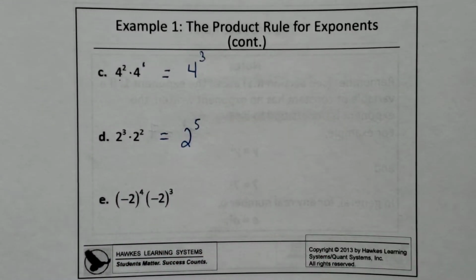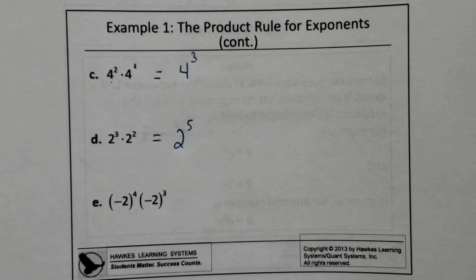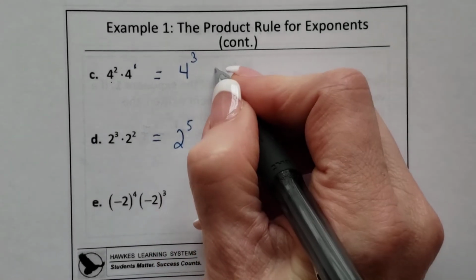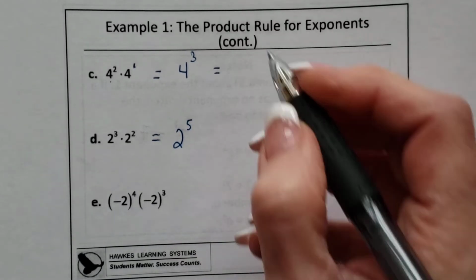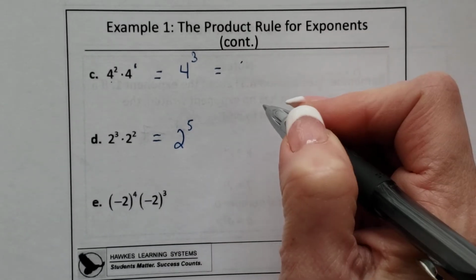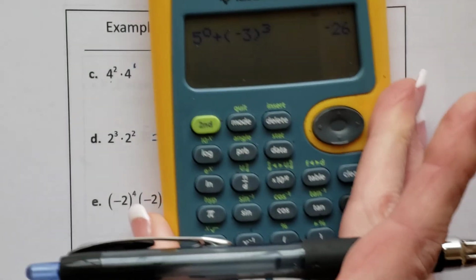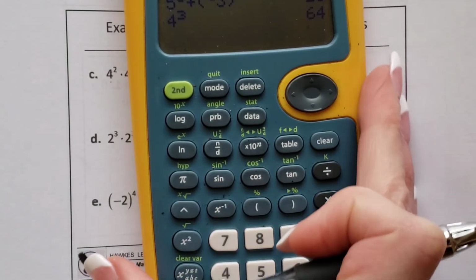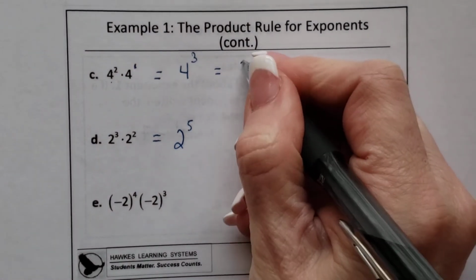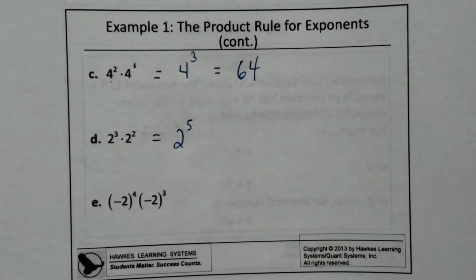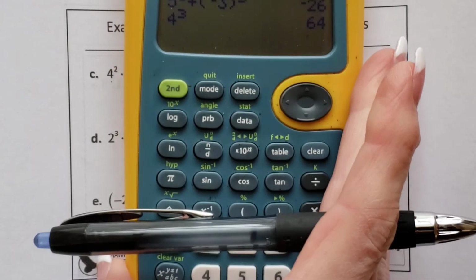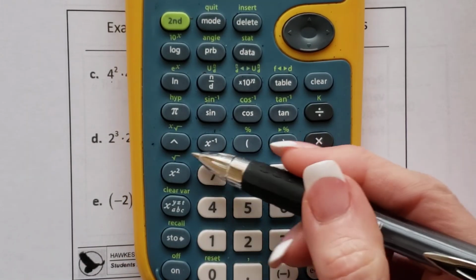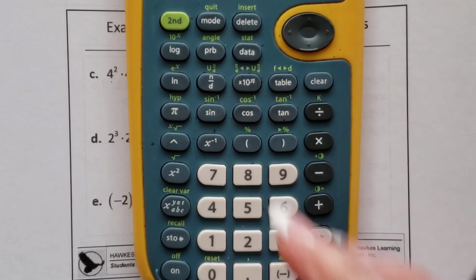2 to the 5th. Now I can continue on and simplify these because I could type this right here in my calculator. 4 to the 3rd power is just like saying 4 times 4 times 4, which is, I was about to say 64, but I better check it. 4 to the 3rd power is, yeah, it is 64. 2 to the 5th, so I'm going to type 2, use my caret button, to the 5th.